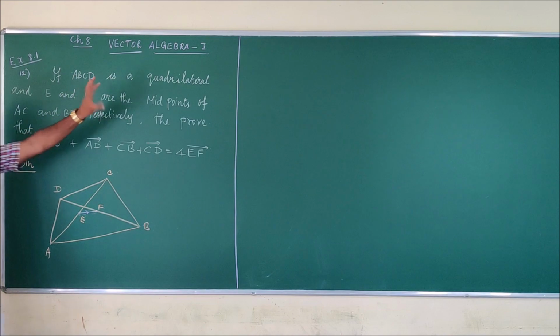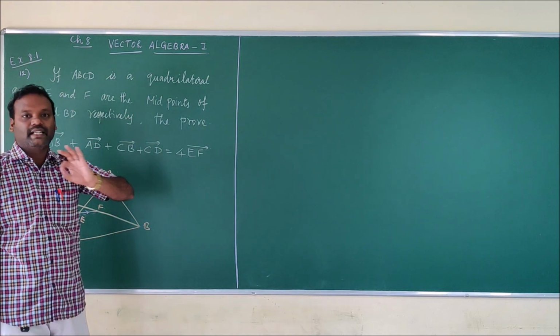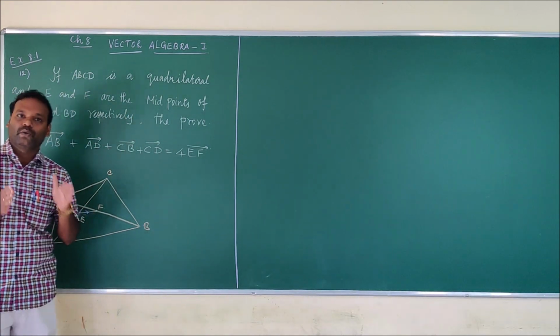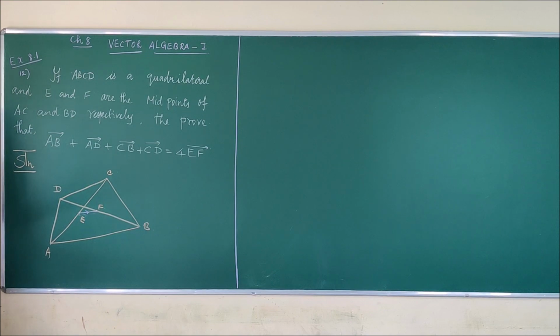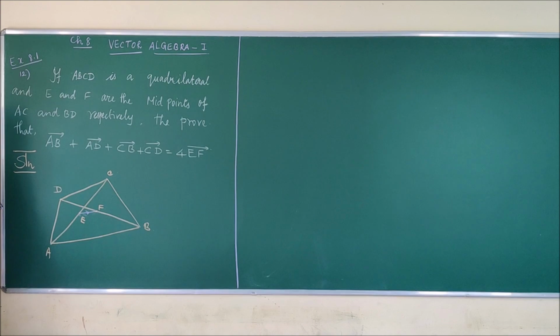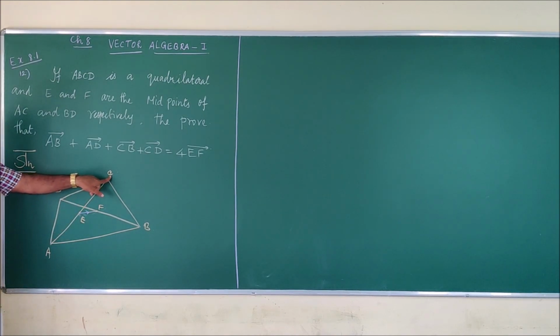A quadrilateral is a shape which has no specific properties. It has only 4 sides. So I am going to draw a quadrilateral ABCD. I have drawn the quadrilateral ABCD, with the diagonal AC and the other diagonal BD.